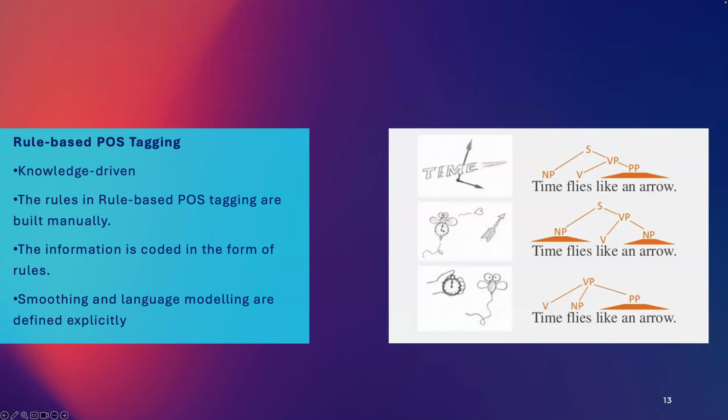And the third one, time flies like an arrow. This is an imperative sentence. You see that time is a verb here, and flies is a noun. This is why I was grouping the first two sentences together, because in the first two sentences, flies is a verb, and then like is a verb.